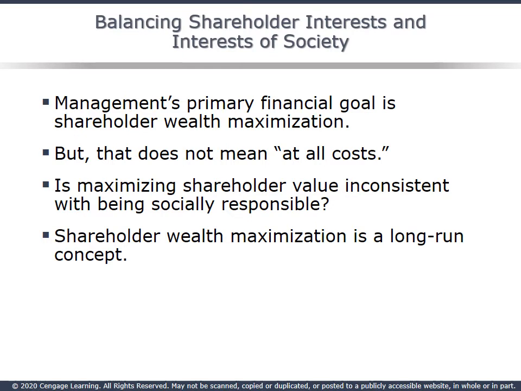But does that mean at all costs? Well, no, it doesn't. Is maximizing shareholder value inconsistent with being socially responsible? No, not at all. Firms that are socially responsible are also maximizing shareholder value because we know that shareholder wealth maximization is a long-run concept.